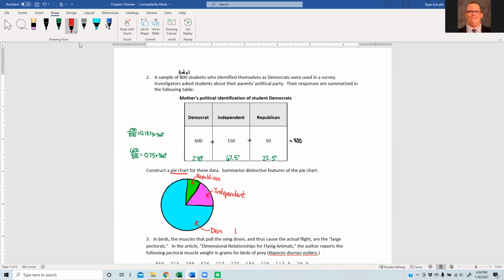And you could even go, since we know the percentages, because we had to get the percentages, so far as listing them. So we know independent is 18.75%. Democrat, 75%. And then Republican would be 6.25%.